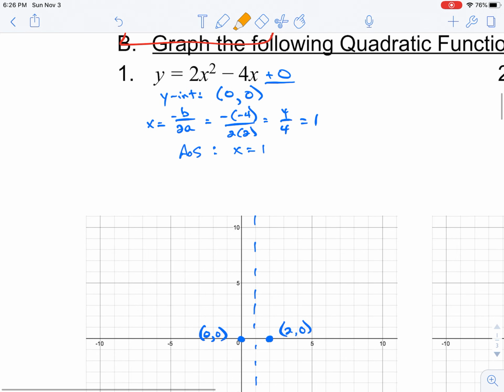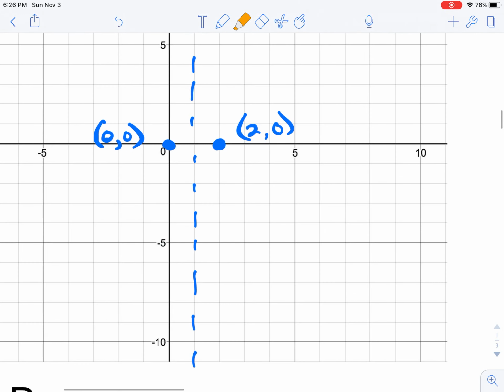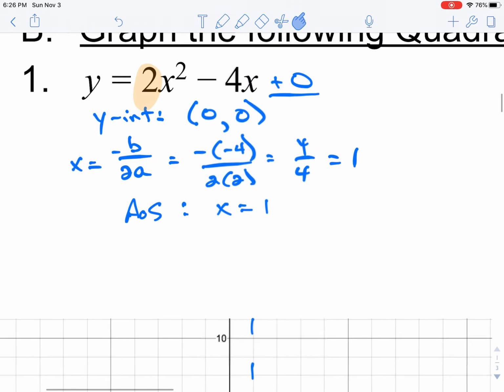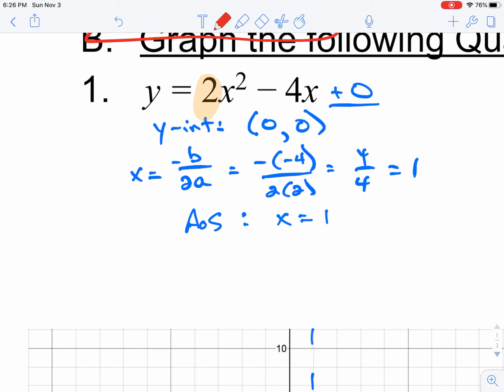And remember, if the a value is positive, the graph opens up, which means the vertex has to be somewhere below it so that I get a graph that opens up. But we need to know its exact location. So whatever number we get from x equals negative b over 2a, we're going to plug that back into the original. So here it's 1.